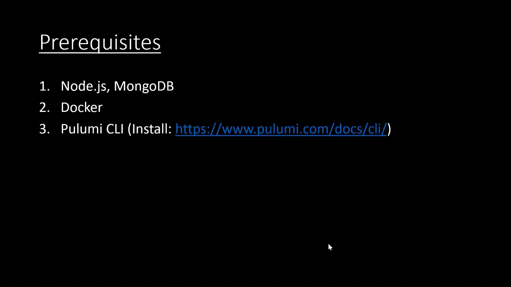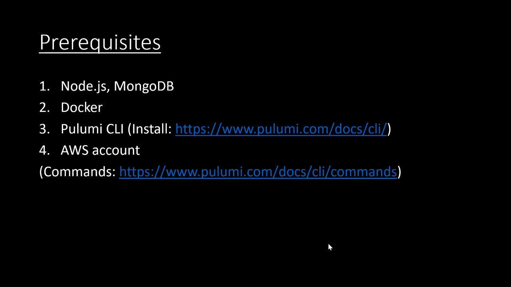And the next is Pulumi CLI, which you can install from this link. Lastly, you need to have an AWS account in order to proceed. You can check out the commands from this link, and that's all the prerequisites that are needed for this project.